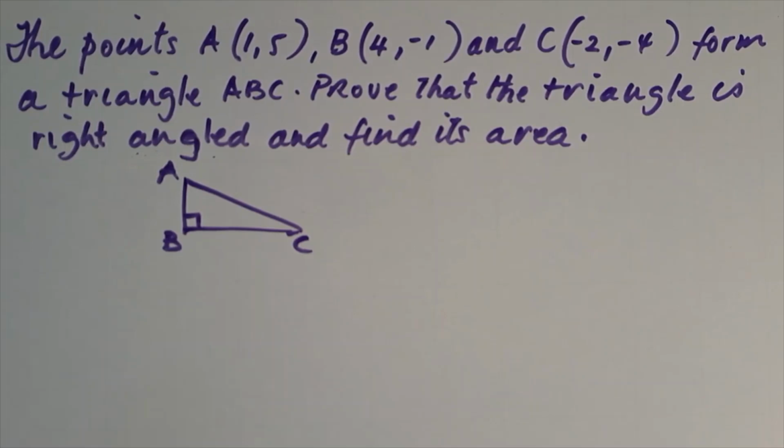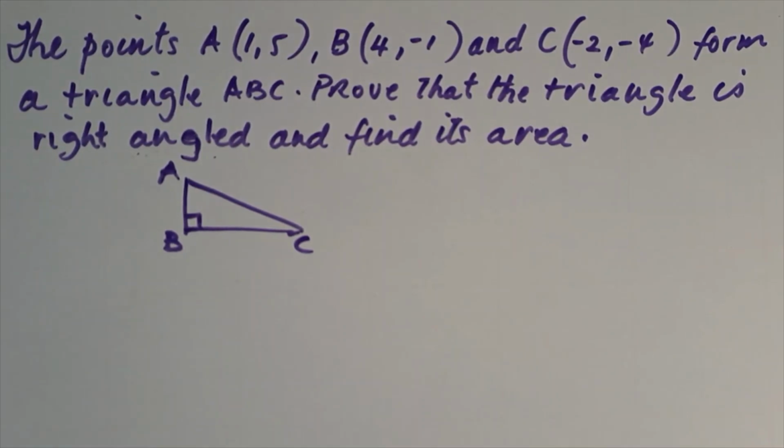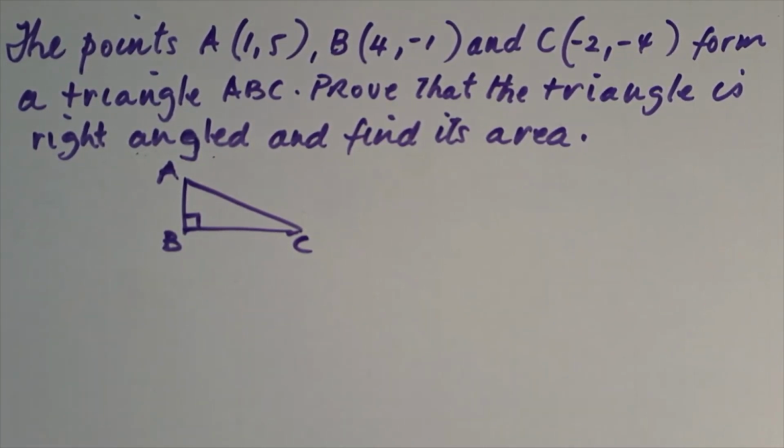So our first approach is to find the gradient. We find the gradient of AB and the gradient of BC. We can then find whether it satisfies a certain condition, and then we can determine whether these two sides are perpendicular, and then we can go ahead and use other concepts to prove that it's a right angle.